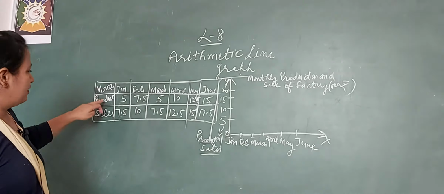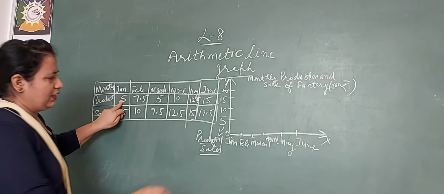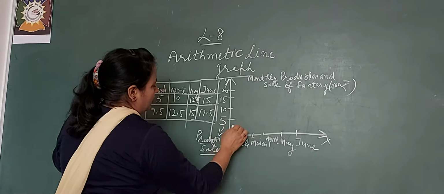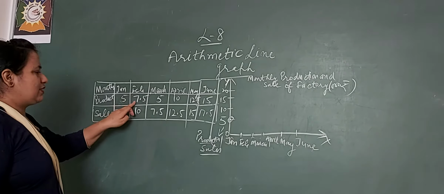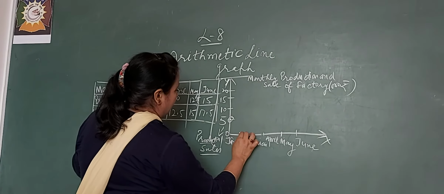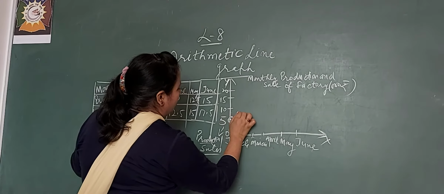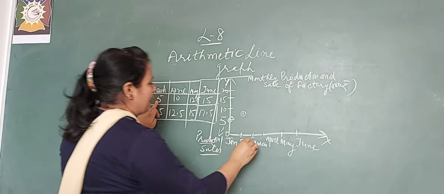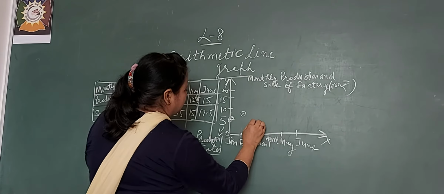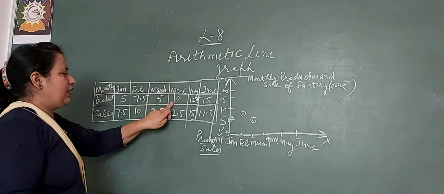So let us start. Production, that is 5, 0 origin, January, that is 5. After this, 7.5 at February, 7.5 lies between 5 and 10, then again 5 in March, then 10 in April.